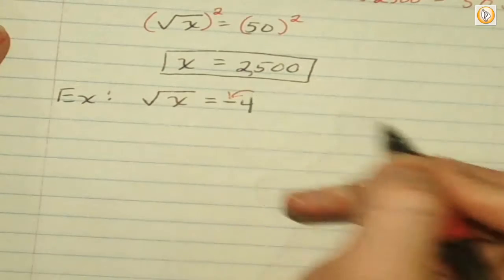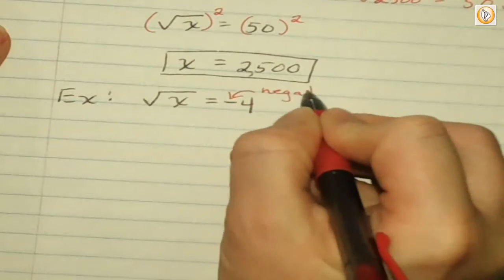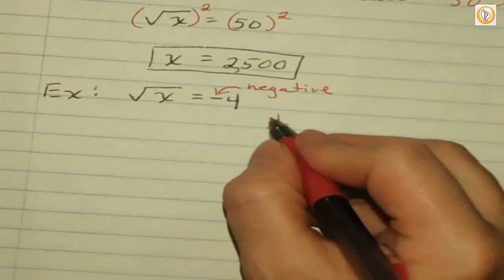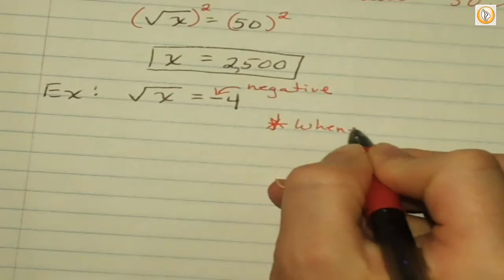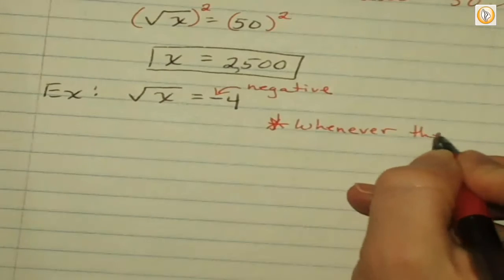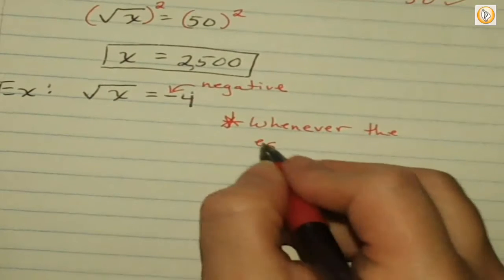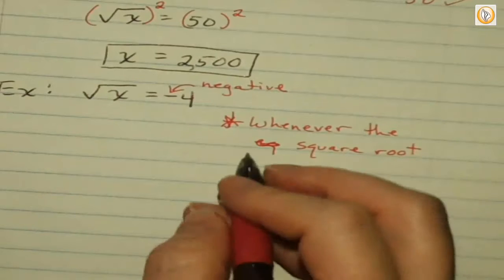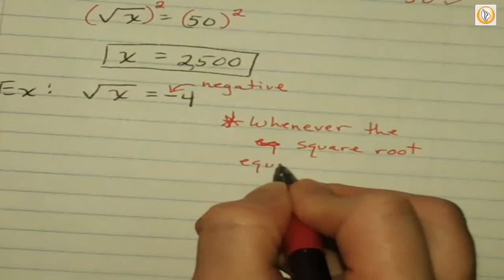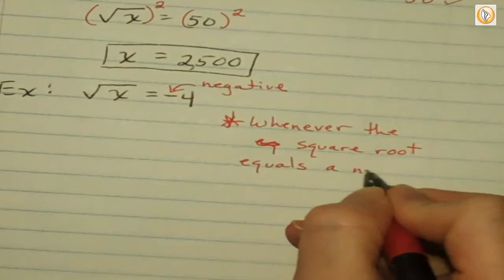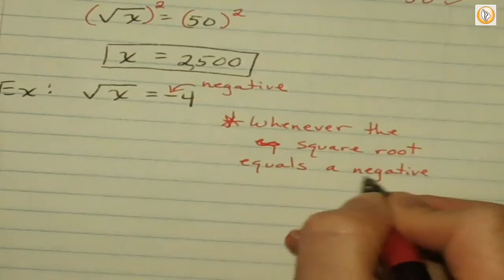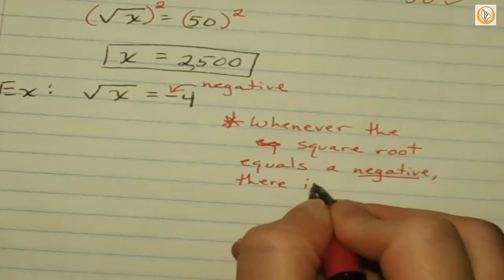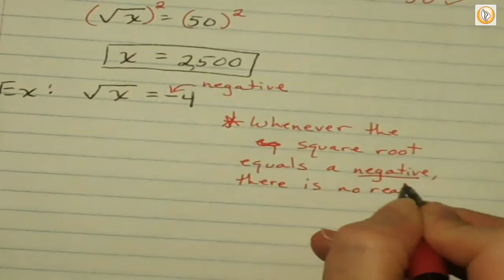You see this negative sign here? I'm going to write some notes here. Whenever the square root equals a negative, there is no real solution.